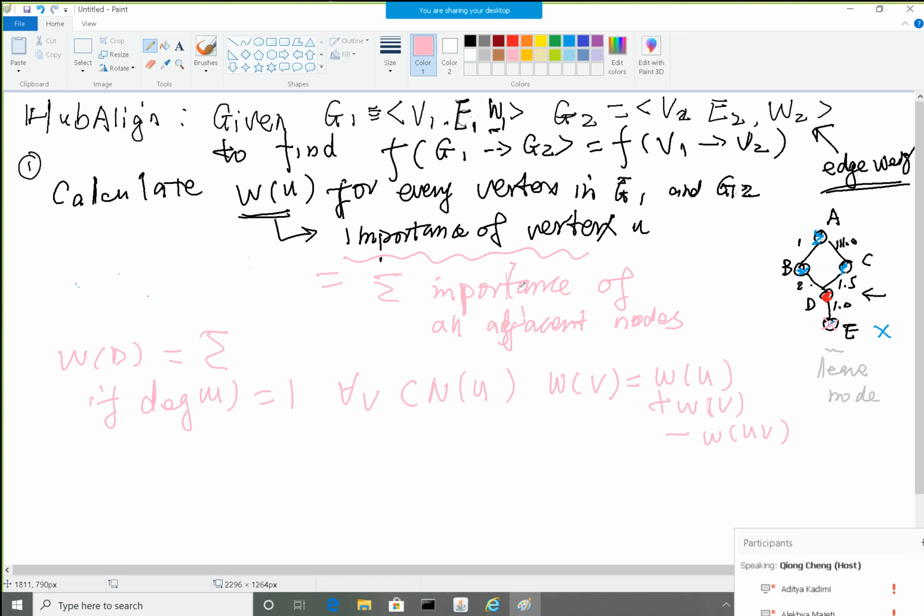Corresponding to this, since these nodes should be deleted, if you consider the importance of D, it is supposed to equal the summation of the importance of all its adjacent nodes, v belonging to this set.